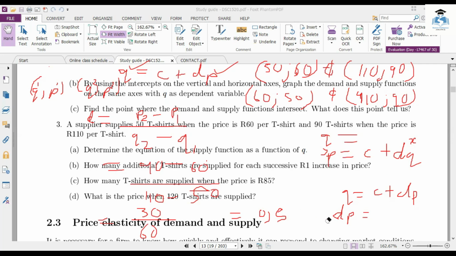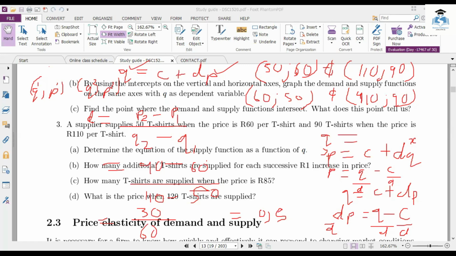All right, so let's do this. C is the one, so it's Q minus C. Then we divide by D. That's what you are saying. Then P would be equal to Q minus C over D, or Q over D minus C over D. I just drew one line over all of them because it's the same.